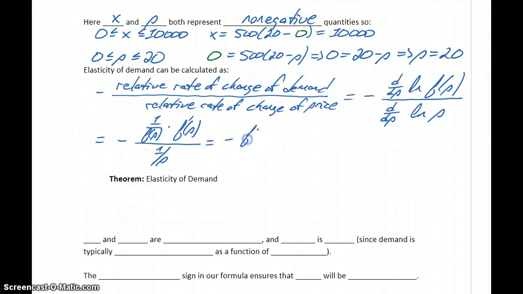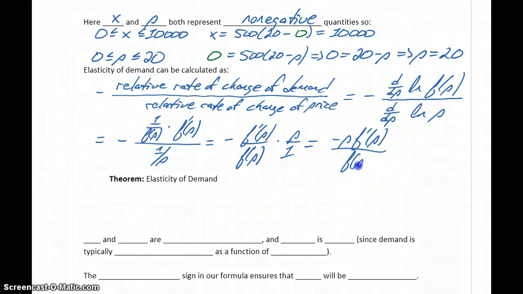We can rewrite this as negative f prime of P over f of P times P over 1, which gives us negative P times the derivative of that demand function divided by the original demand function itself. And this formula is what we're after. These steps are just to derive the formula that we have for elasticity of demand.